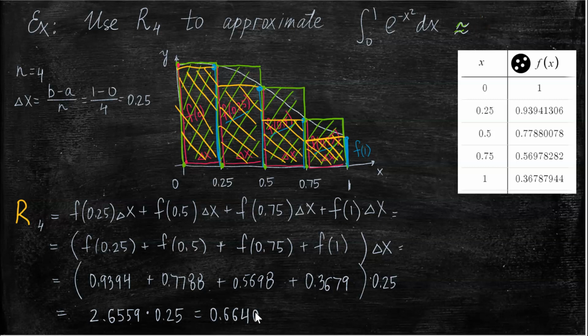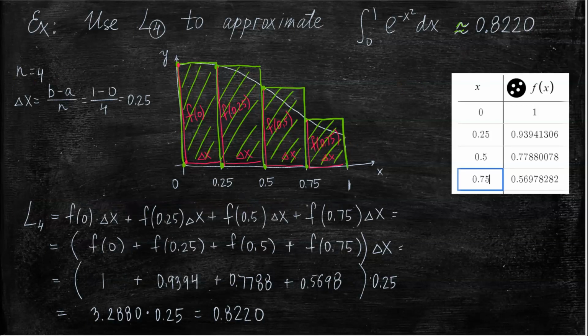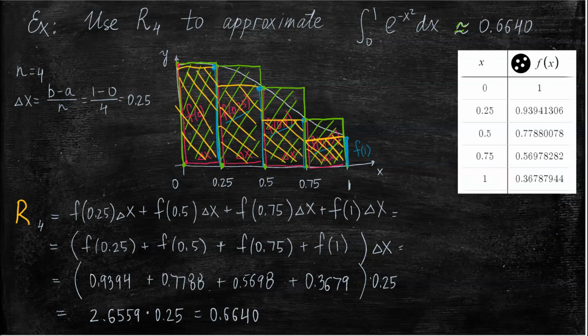So using the right endpoint approximation, we approximate this area to be 0.6640.